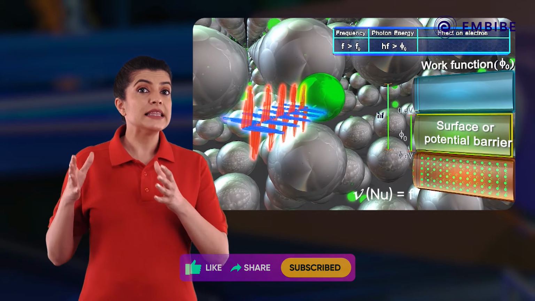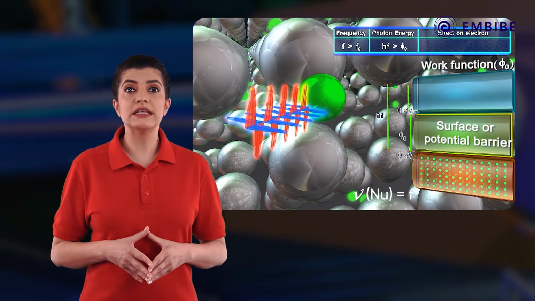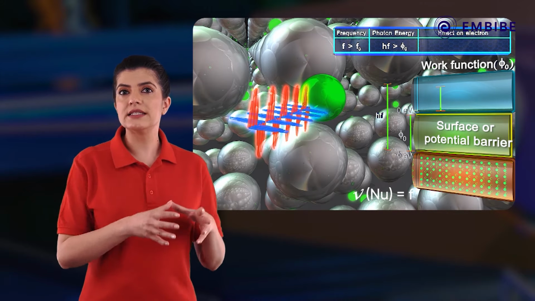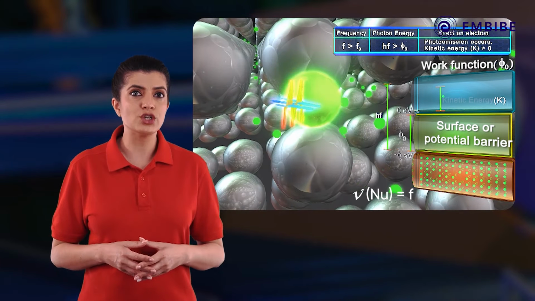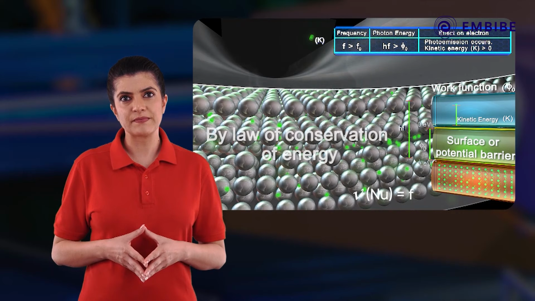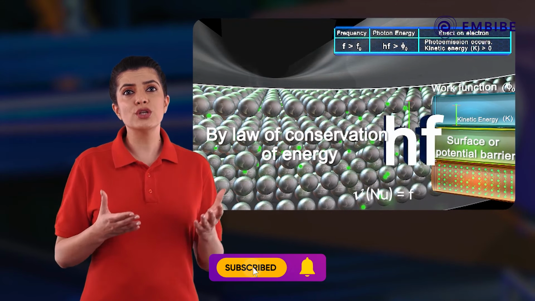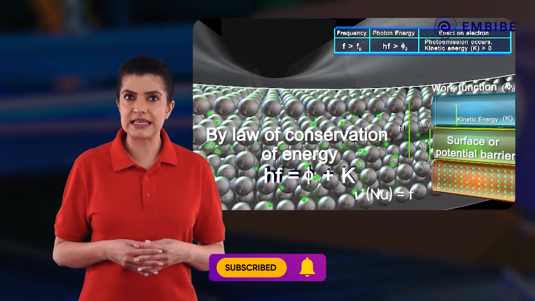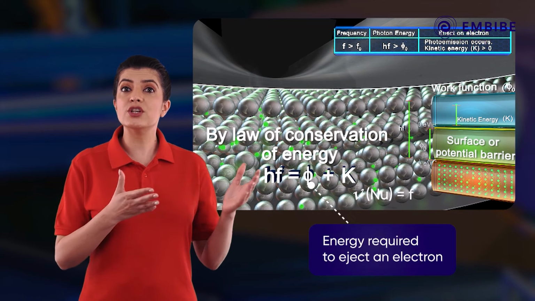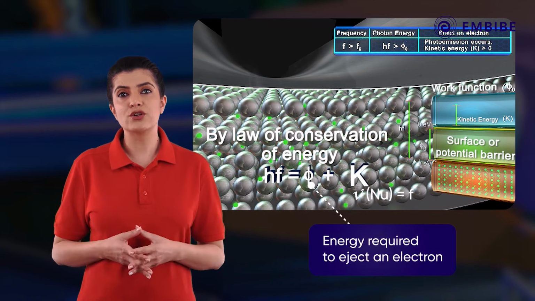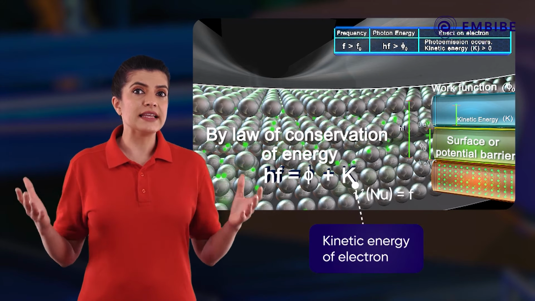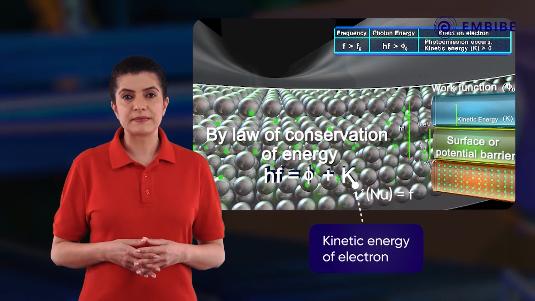In this case, the excess energy of the photon delivered to the electron is conserved in the form of kinetic energy of the ejected electron. Mathematically, the energies sum up as h nu equals phi plus K, where phi is the energy required to eject an electron and K is the kinetic energy of the electron.